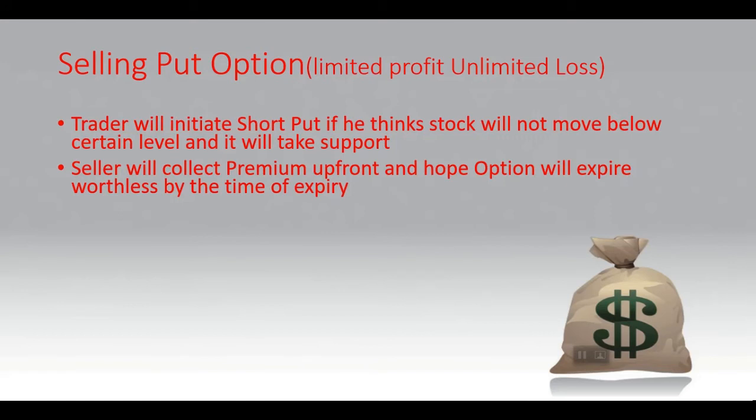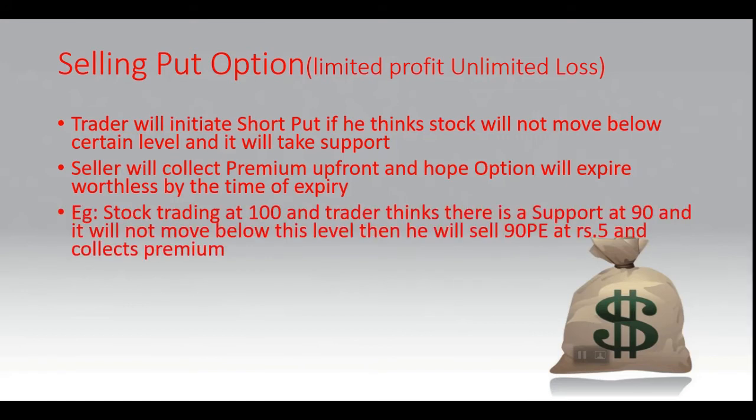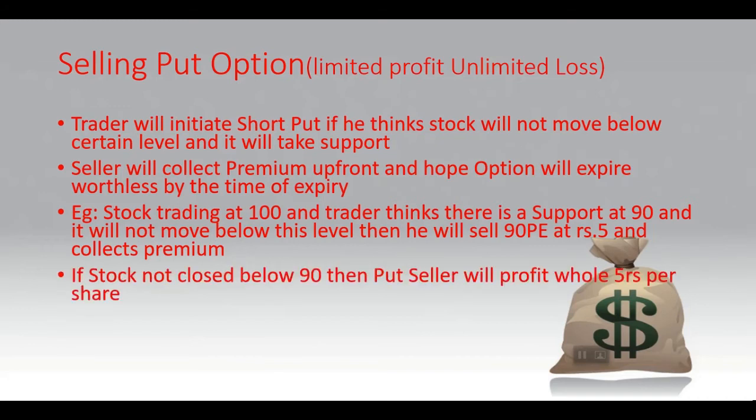Okay, so for example, if the stock is trading at 100 and the trader thinks there is a support at rupees 90, then he thinks that the stock price will never move below this 90 level, so he will be selling that 90 PE at rupees 5 and collects the premium. So he will be getting the whole profit of 5 rupees if the stock price doesn't move below 90.